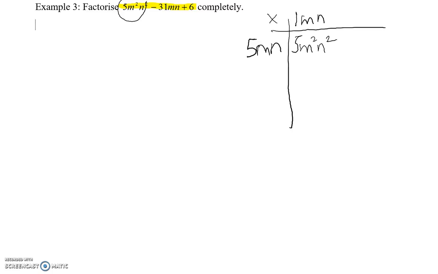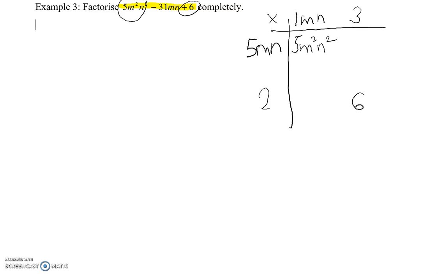Next, let us factorize the last term of this expression, which is a constant positive 6. So you write the constant on the bottom right of the frame. Let's try to find the factor of 6. So we can try 2 times 3 to give us 6.